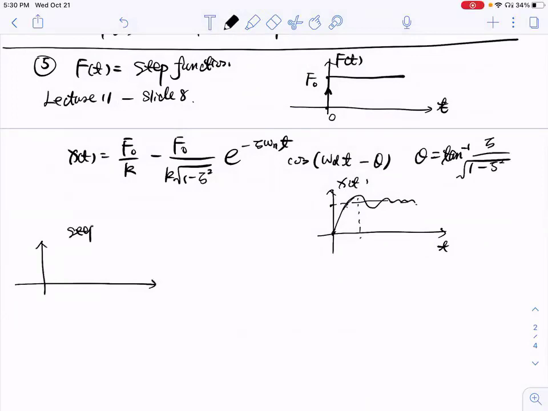So we also mentioned what if your step response has been delayed. What if you have a step function with time delay? So then your function would be something like this. And then let's say this is tau, this is F0.